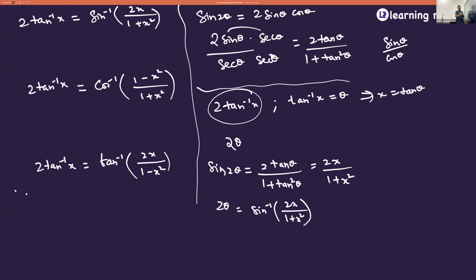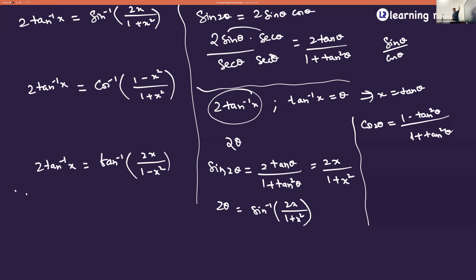Similarly, if I use the logic, what is cos 2 theta in terms of tan? 1 minus tan square theta by 1 plus tan square theta. Using cos square theta minus sin square theta, you can derive this. If you see, in the place of cos 2 theta, theta is what? Tan inverse x, substitute there.